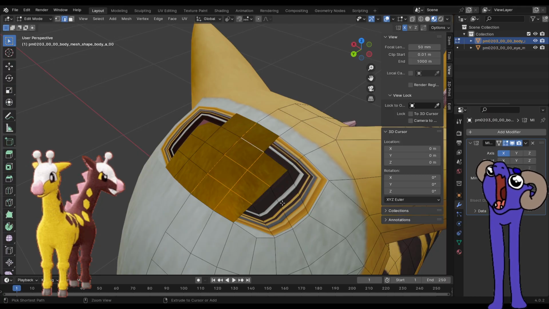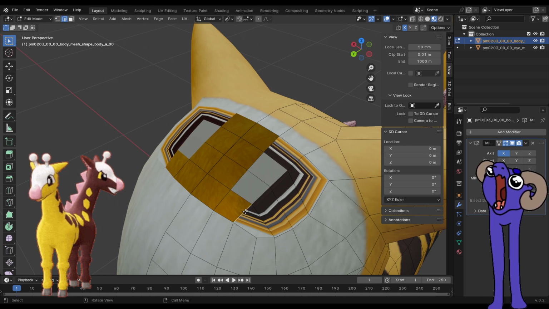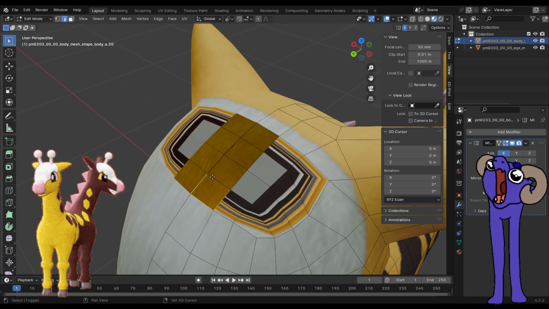If I just fill in that entire region, would it fill in correctly? It doesn't look like it. I think we just take this nice and slow and deliberate. Fill in all these polygons until these holes are gone.